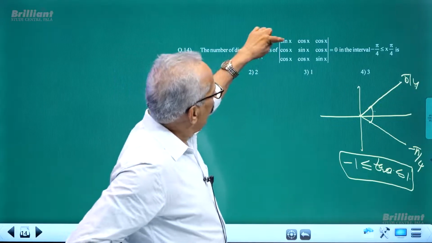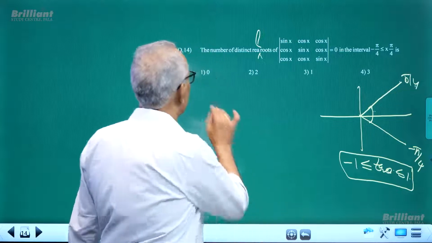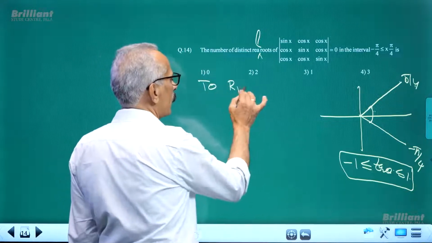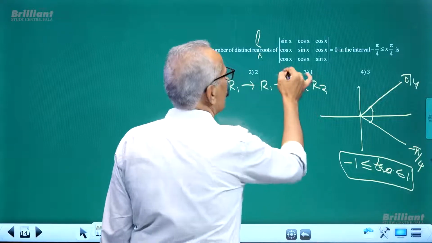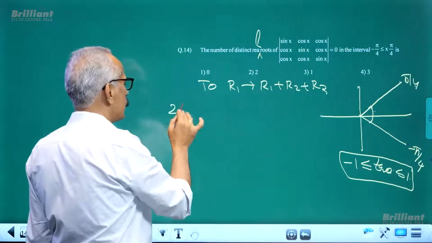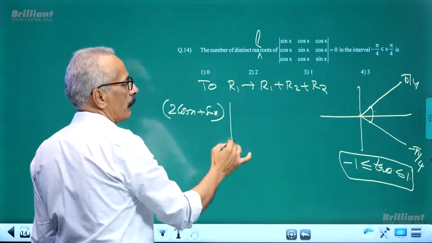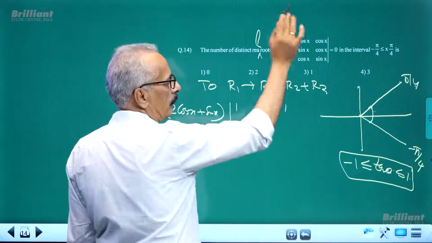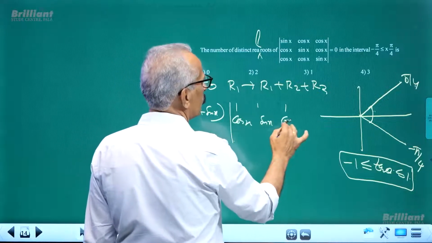So, if I read 1 sin x, 2 cos x, 1 sin x, 2 cos x, 1 sin x, 2 cos x. So, immediately we apply R1 plus R2 plus R3. So, you get 2 cos x plus sin x into the determinant 1, 1, 1 when we add. This will be cos x, sin x, cos x.